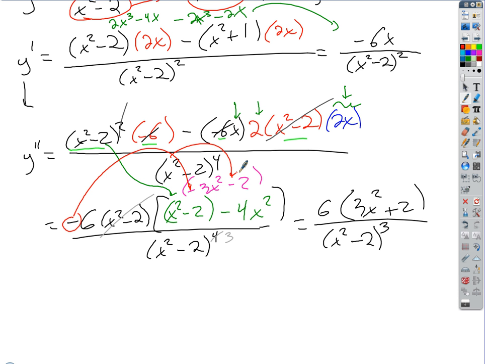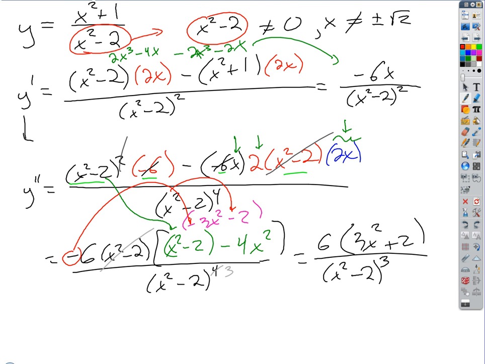Why no critical numbers on this one? Let's talk about that now. We already know that we have restrictions on the domain such that x cannot equal plus or minus the square root of 2. Those are vertical asymptotes, because they are values of x where the bottom equals 0 and the top does not.